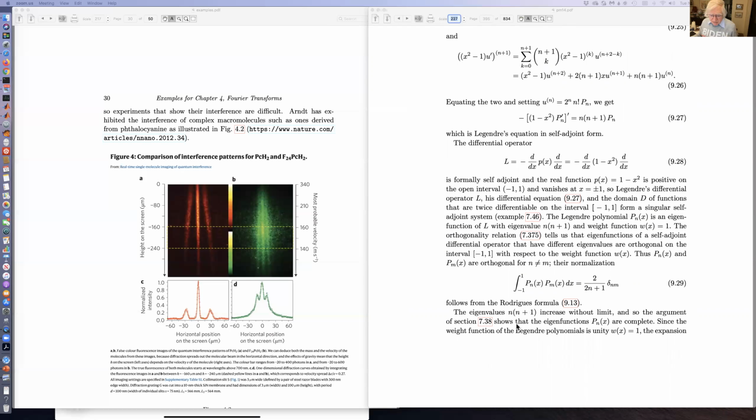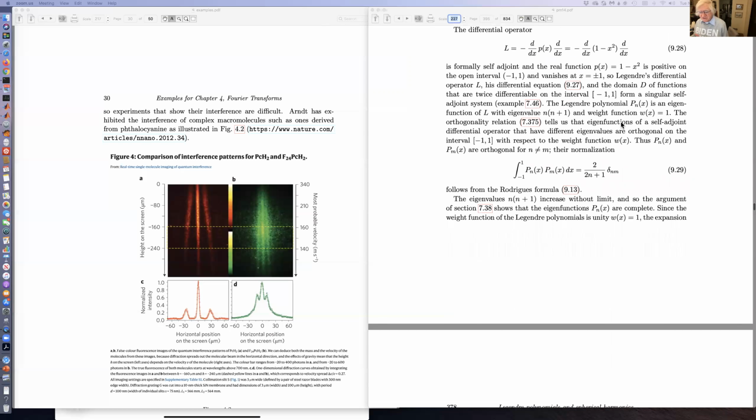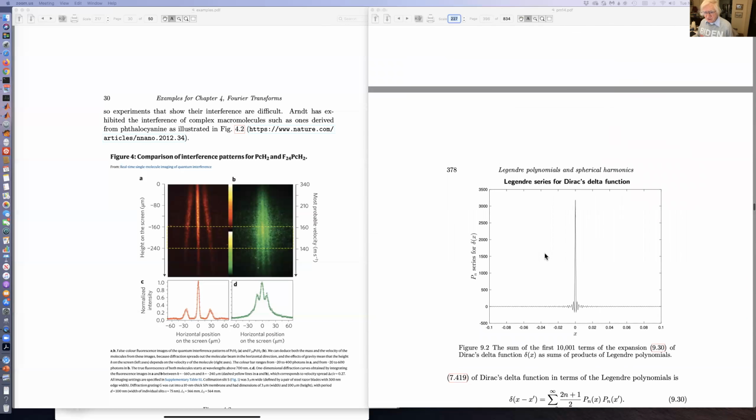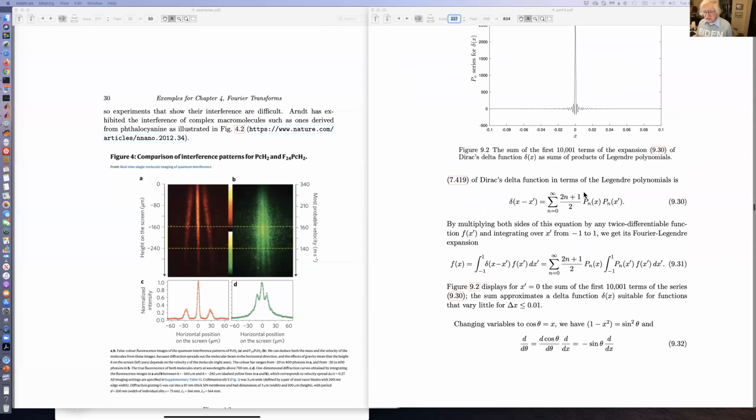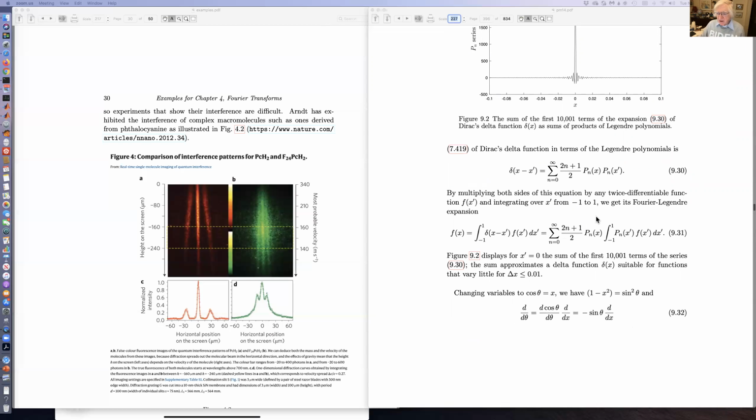And they're complete because the eigenvalues, you see the eigenvalues here are n times n plus 1. They go to infinity as n goes to infinity. And so these guys are complete. And I showed you a particular delta function. Well, it's the delta function the Legendre polynomials generate.